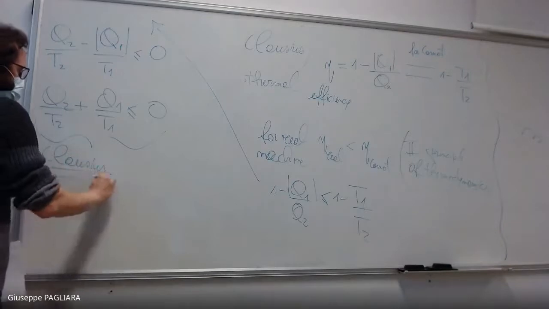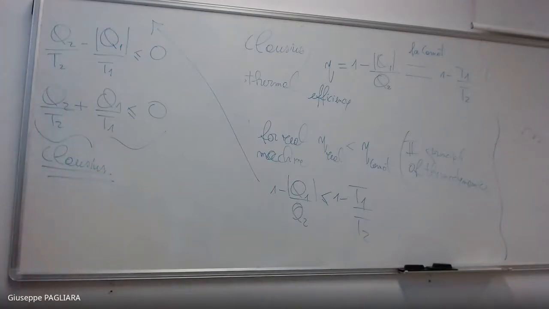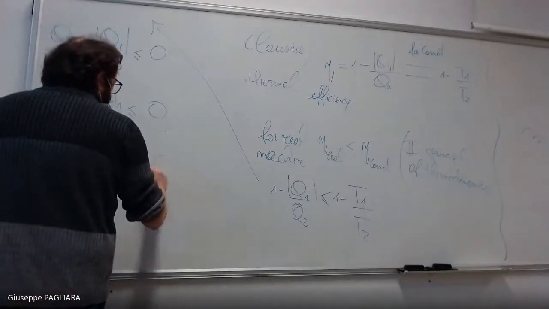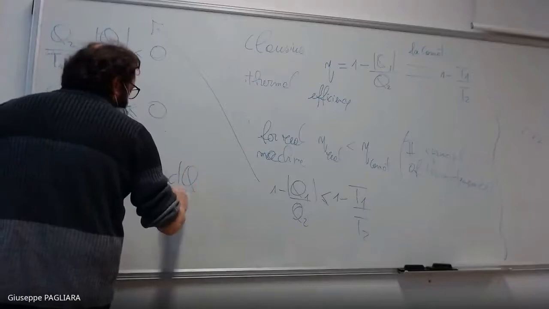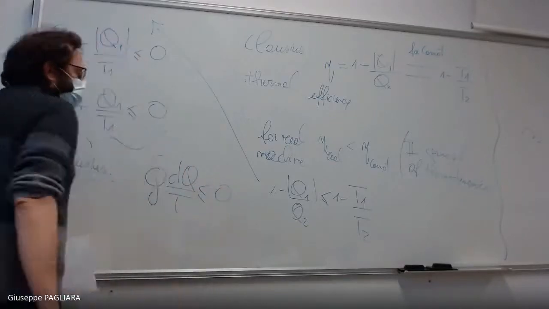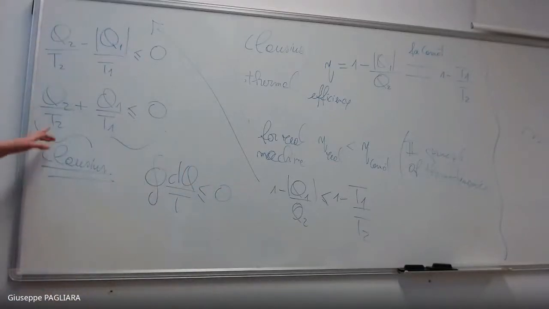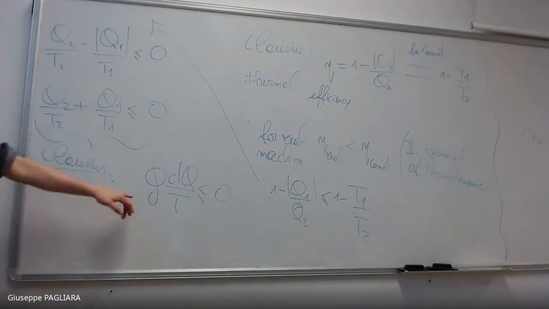Now, this is Clausius in the case in which we have just two heat reservoirs with two temperatures, T1 and T2. They can be generalized to this. Okay? It's just the total amount of heat released and gained by the system divided by the temperature. Now, in the case of two sources, I just have 2 Q and 2 temperature. This is the general case.